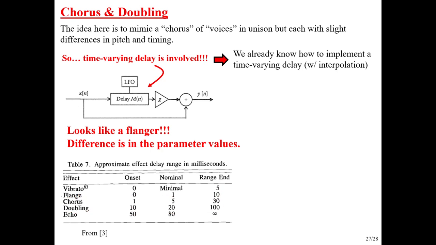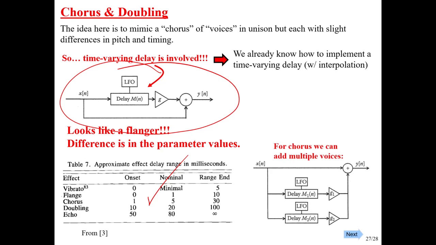But primarily chorus and doubling, longer delays, vibrato and flanger, shorter delays, and then echo, much longer delays. So that's what one structure set things differently. We get 1, 2, 3, 4, 5 different effects.